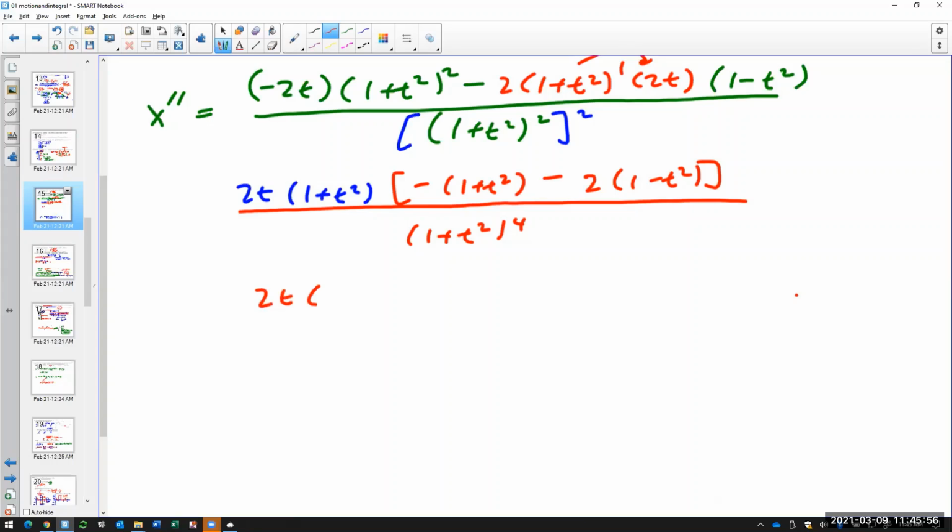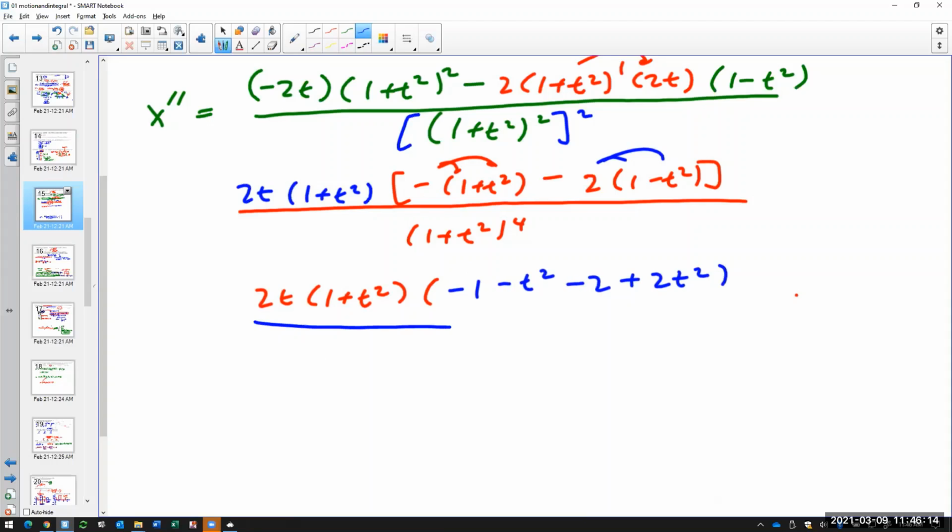I have 2t times (1 plus t squared). In the parentheses now, I'm going to distribute this negative. So if I distribute the negative, I have negative 1 minus t squared minus 2 plus 2t squared, all over (1 plus t squared) raised to the 4th power.